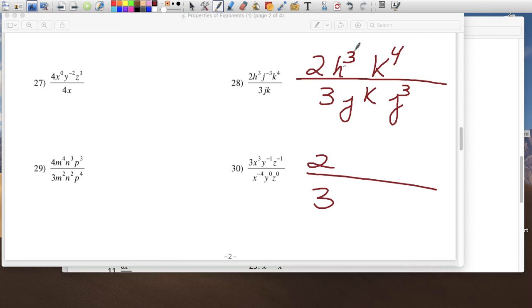The h's, there's an h on top, there's no h's on the bottom, so that goes. So this is gone, this is gone, this is gone, taken care of. The k, well, there's 1 k on top, and there's 4 k's at the bottom, which means if I cross them out, I'm going to have 3 k's on the bottom. The j's, there's nothing to simplify with, there are no j's on top, but they're simply at the bottom. I'll have to add them. So it's a j, and there's a little 1 over here, so 1 plus 3 is 4.